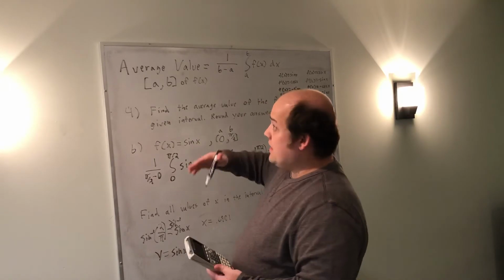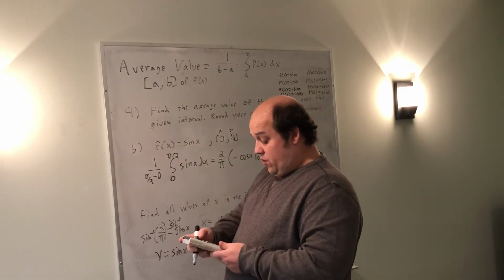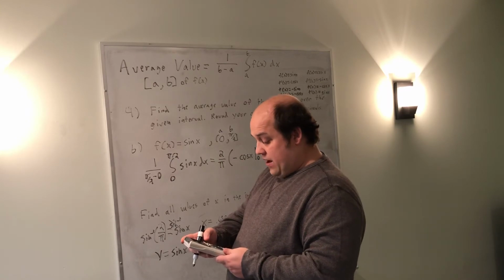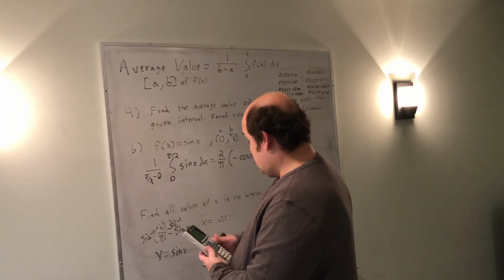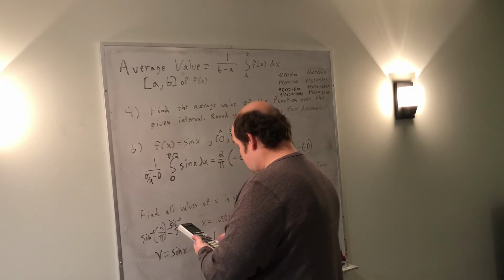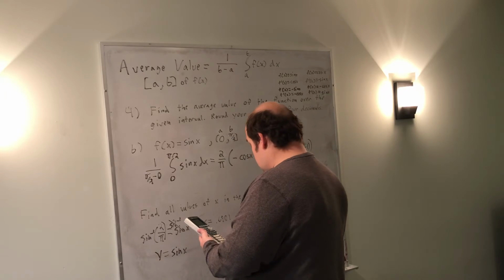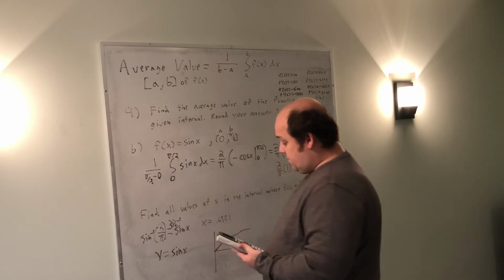But we know that sine can only go between -1 and 1. If I have all that window set correctly and I press the graph button, it's going to show me the part of the sine curve that I'm concerned with. So on my graph, I see this curve looking like this, where it hasn't come down yet.